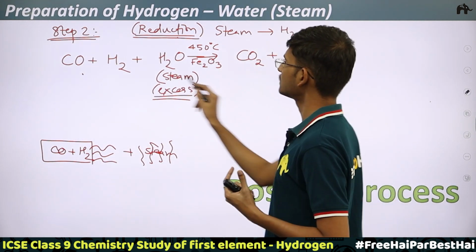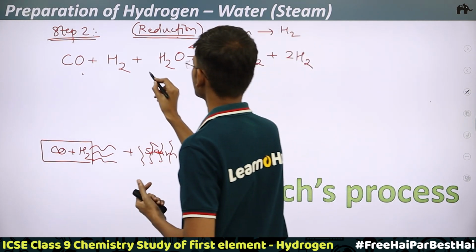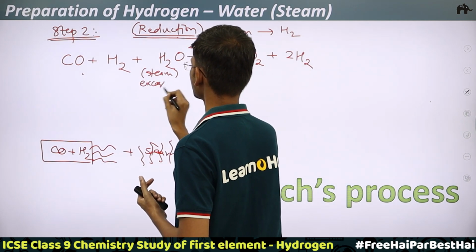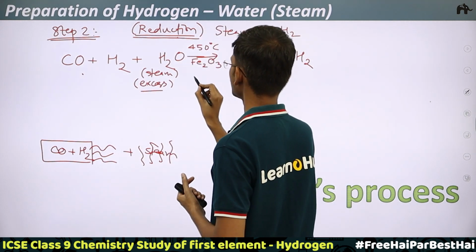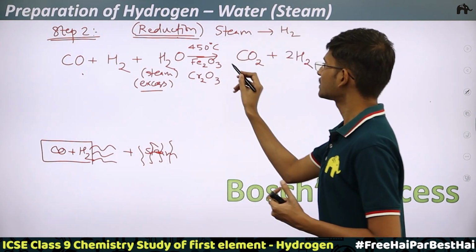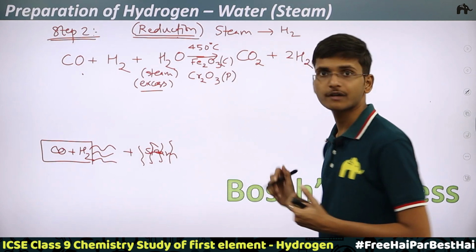I will just erase this thing so that I can accommodate. So here steam, excess, and here the promoter is Cr2O3, chromic oxide. So this is the catalyst, I'm writing C here, this is the promoter, I'm writing P in front of it.